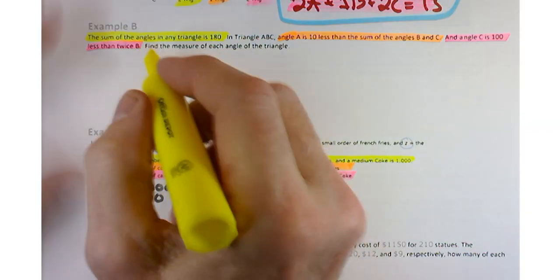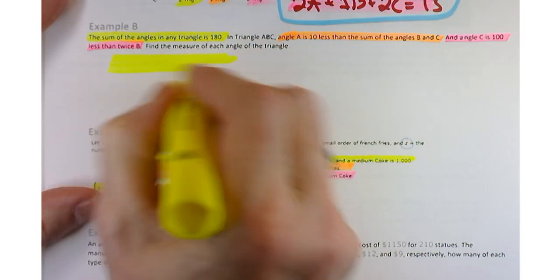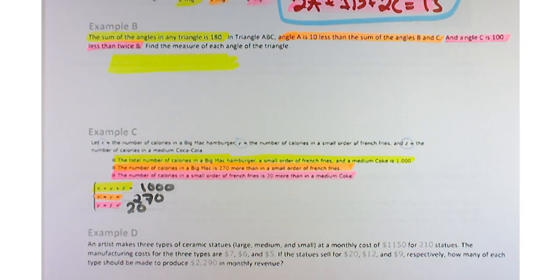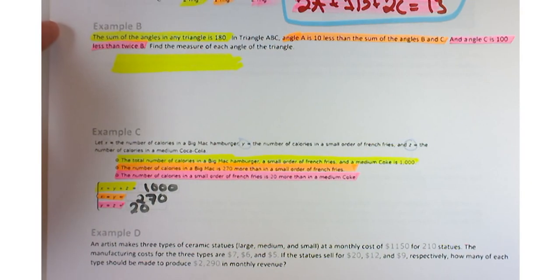Let's see how we can do on this. Let's start with this one in yellow here. That one's pretty friendly to start with.